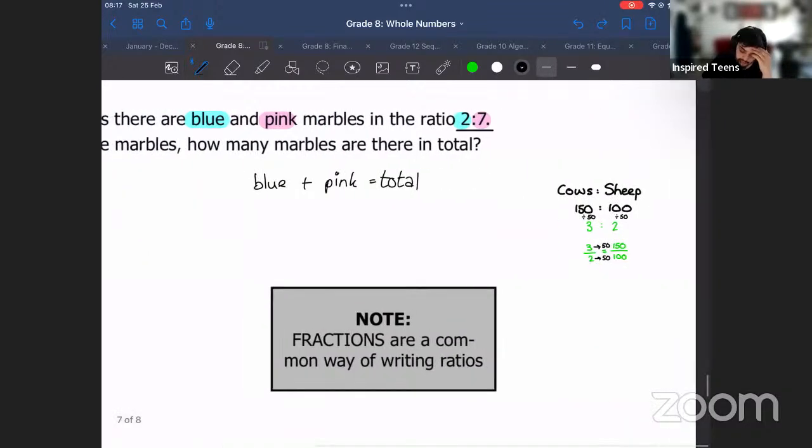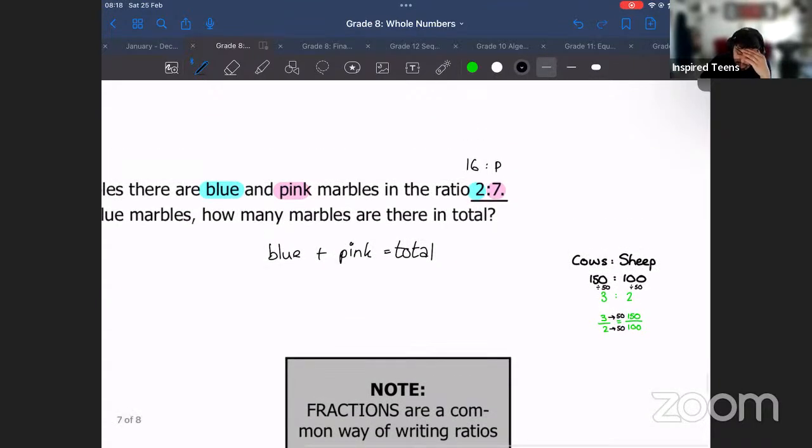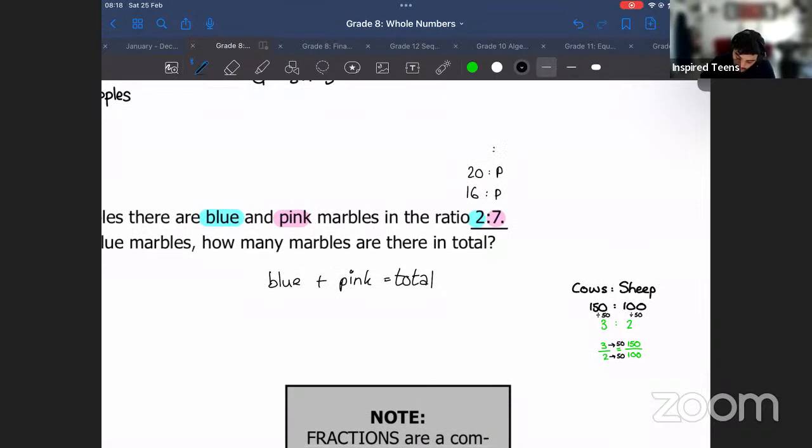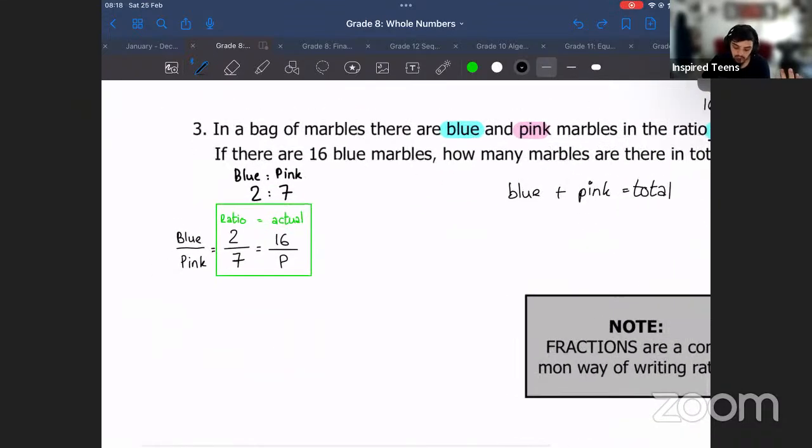So 2:7 would be the same ratio as 16 is to the pink amount that we have missing. It could even be 20. We could calculate, if we had 20 blue marbles, how many pink marbles we had. We could also calculate, if we had 14 pink, how many blue we have. Because it's maintaining the same ratio, the change that was made to the blue is the same change that's going to be made to the pink.